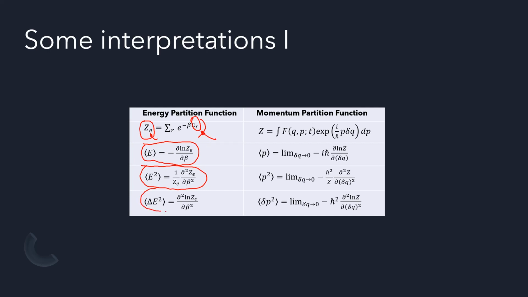And so we can also calculate the fluctuation of the energy by means of the second derivative of the logarithm of this characteristic function, the partition function. Now we have exactly the same results, but regarding the momentum. We have here the expression for the average momentum, the second degree momentum moment, equivalent to the average of the squared energy, and here the fluctuation given exactly by the same expression we have here.